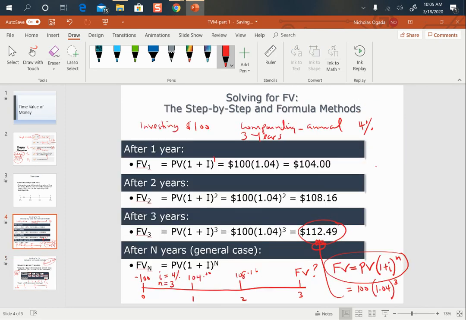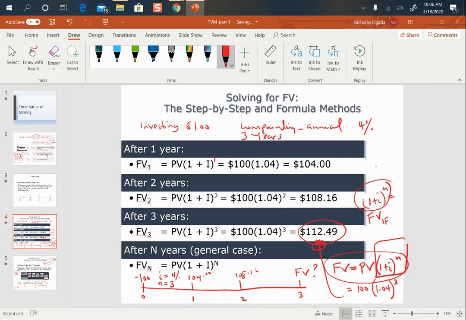If you go back to the formula, what the table is giving you is this part. In the case of the future value, it's giving you the 1 plus i raised to n, and this is what we call the future value interest factor. So this is what the table is giving you.